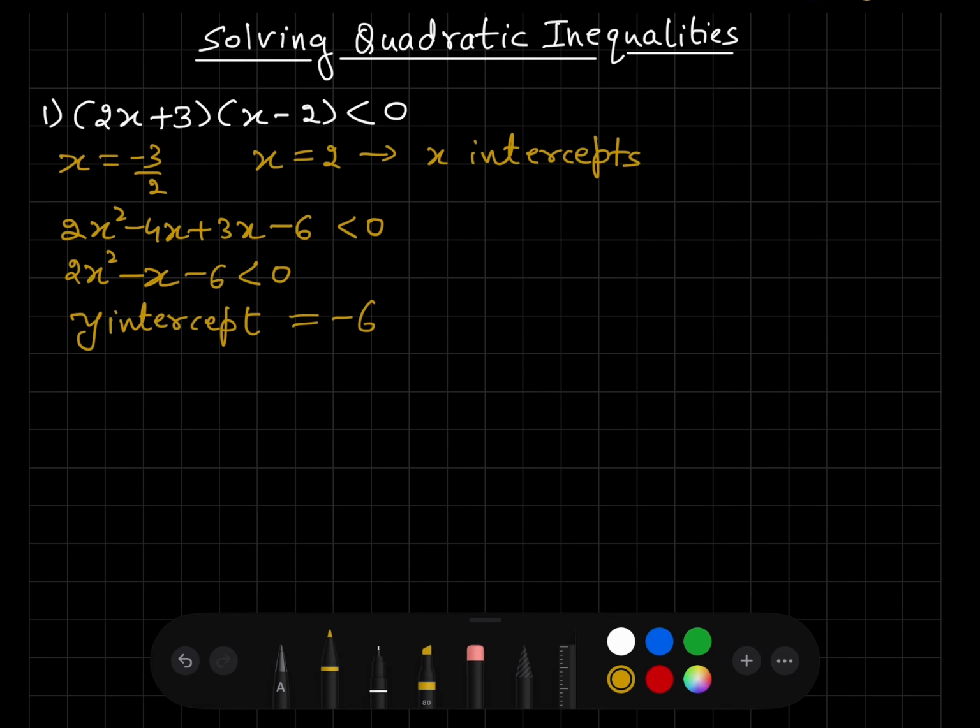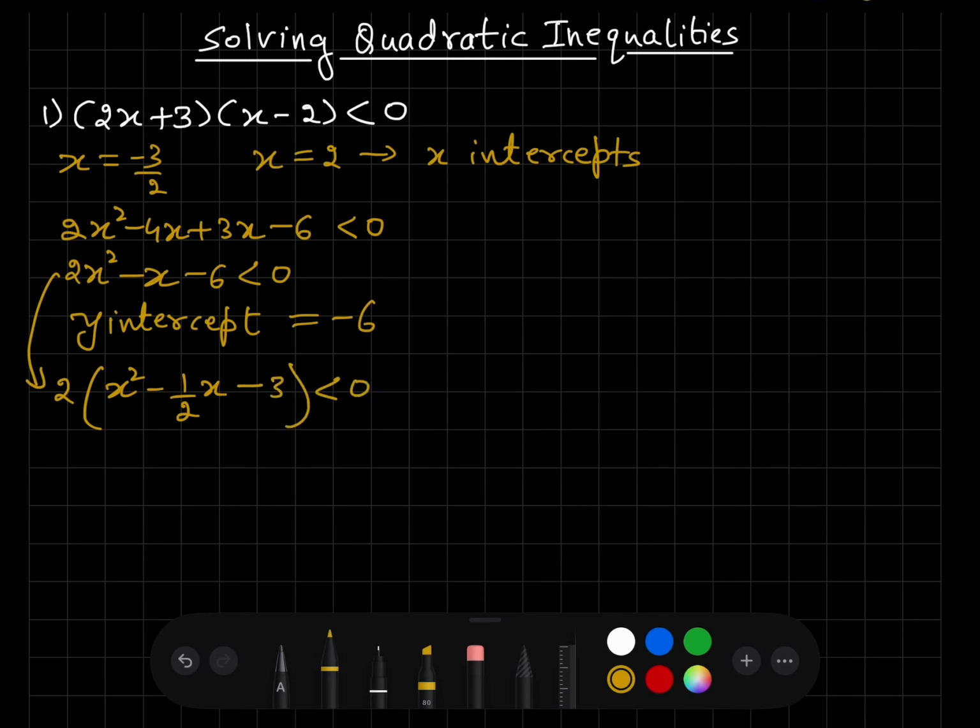Now what next will we need? We will need the vertex of this. For the vertex we have to write it by the completing the square method. So we have to take 2 common. I will rearrange this and write 2 as common, so I am left with x squared minus 1 by 2 x, and minus 3, less than 0.